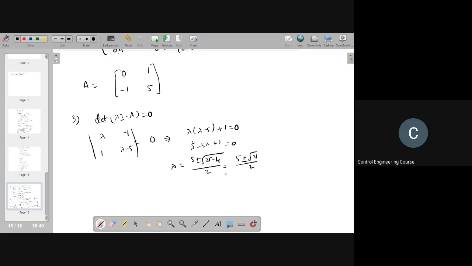This is equivalent to 0.21 and 4.79. Since both eigenvalues have positive real parts, the system is unstable. So this is how you can linearize the system and check the stability of that system.